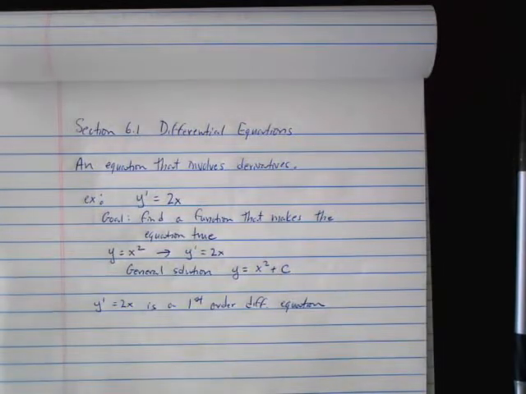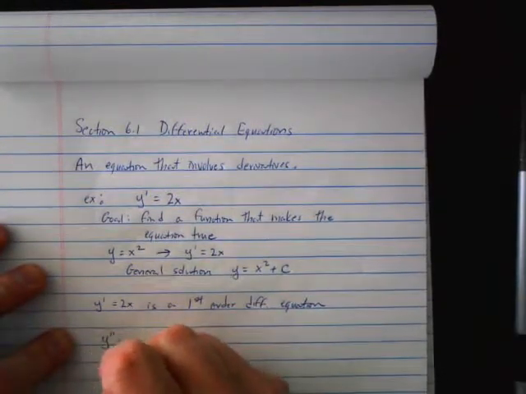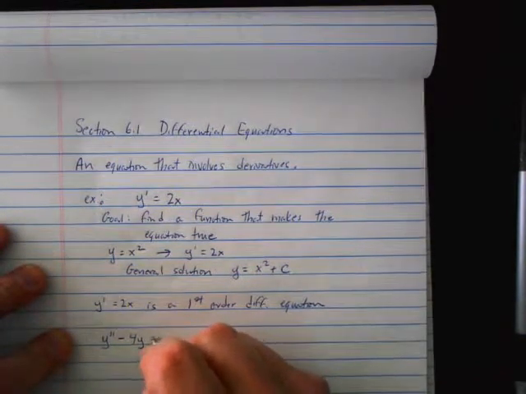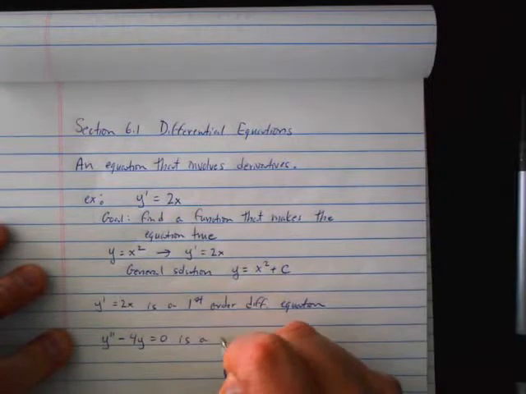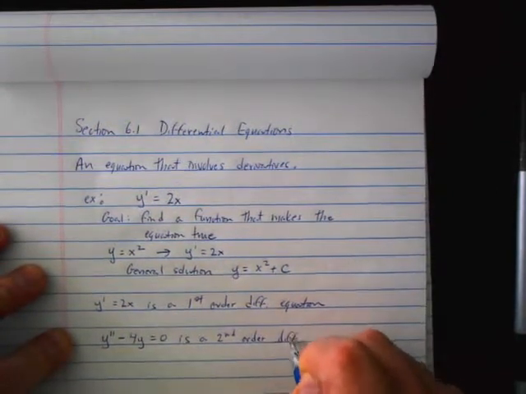So what do you think a second order differential equation looks like? It has a second derivative. So something like y double prime minus 4y equals 0 is a second order differential equation.